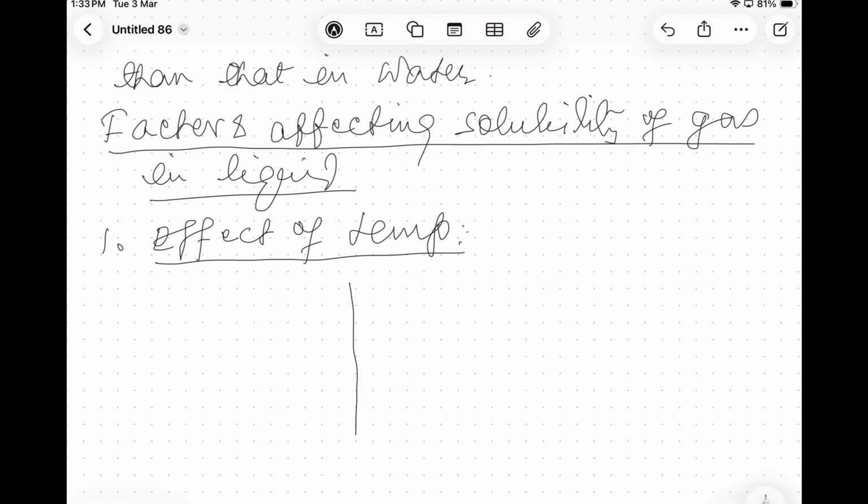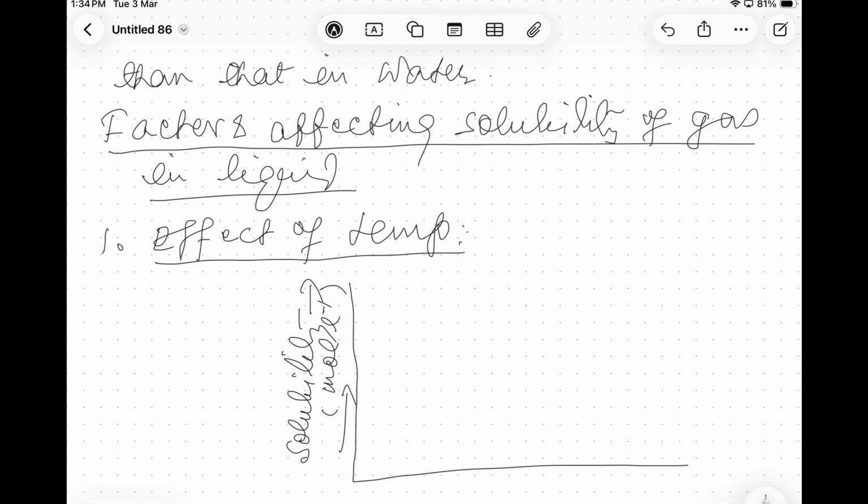Here I am expressing the graph: solubility of gas, it is mole per liter, and here is temperature. Zero, 10, 20, 30, etc.